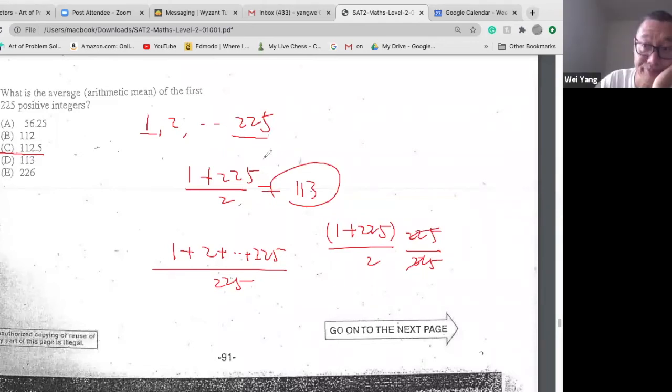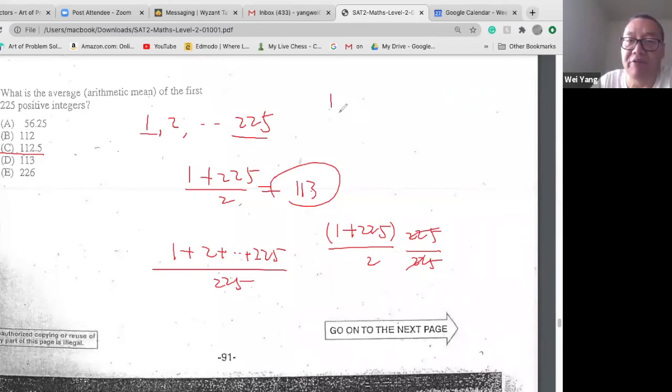And also here you need to guarantee you have an odd number of numbers here. Then you can use this formula. Otherwise, you need to add the nearest middle two numbers together and divide by 2.